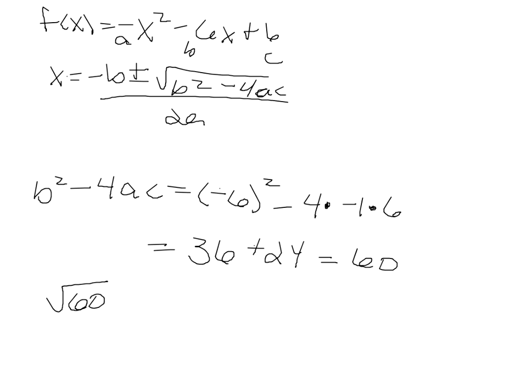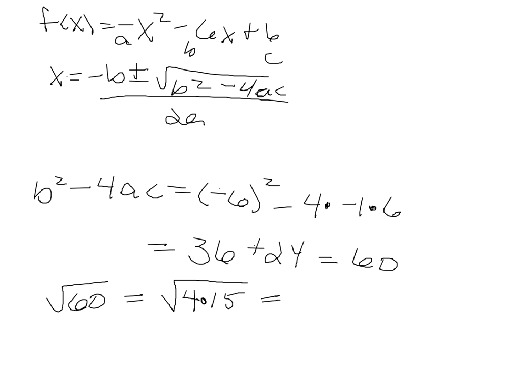Now, since 60 is positive, I can take the square root of it. Now my MyMathLab wants you to simplify your radicals. Well, sometimes you can always try it without simplification the first time to see how it works. So anyway, I'm going to simplify the radical.